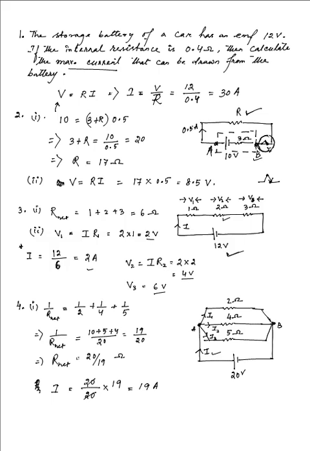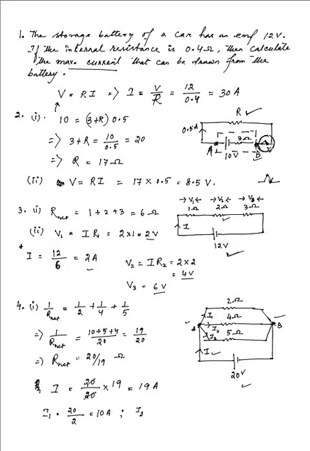Now because you know that the potential across A and B, across these two points, will always be the same, you have the same potential difference of 20 volts across the 2 ohm resistor. So I1 is simply equal to the voltage across that wire, that is 20 volts, because A and B terminals are common. So 20 divided by the resistance, which is 2, gives you 10 amperes of current flowing through that.